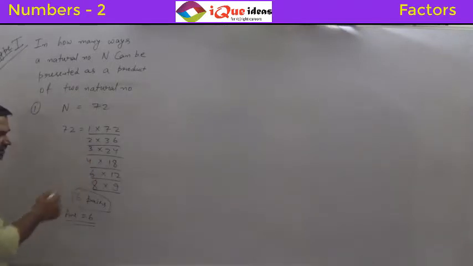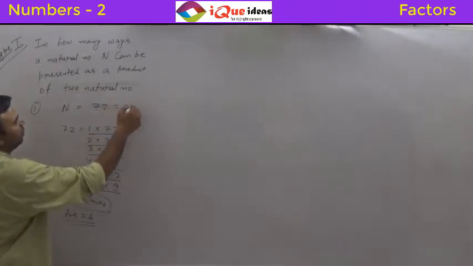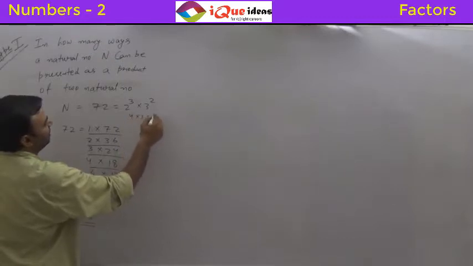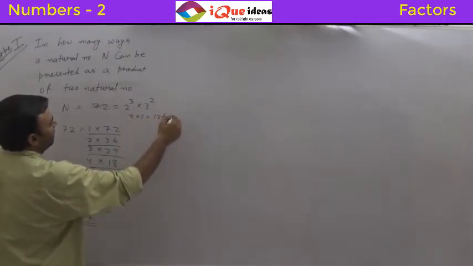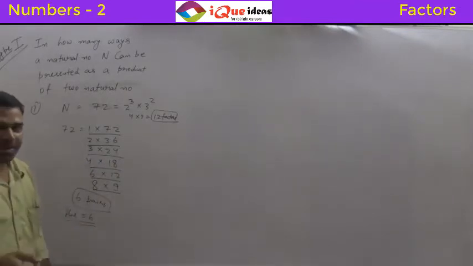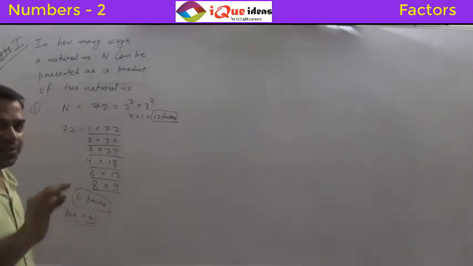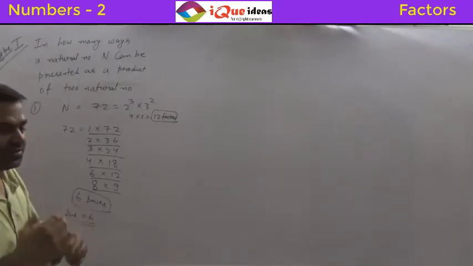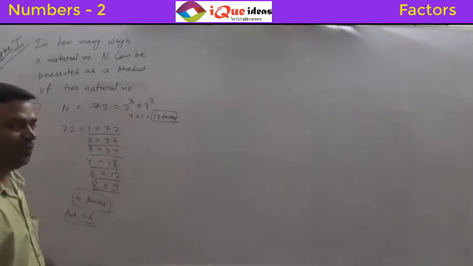Yeah, right. We did this earlier also to find number of factors. Right? The total number of factors was what? This is 2 cube into 3 square. So total number of factors was 4 into 3, 12 factors. So if there are 12 factors, automatically there will be 6 pairs. How? In every pair, 2 factors will be utilized. And there are a total of 12 factors. So how many pairs can be created? Unique pairs will be 12 divided by 2.